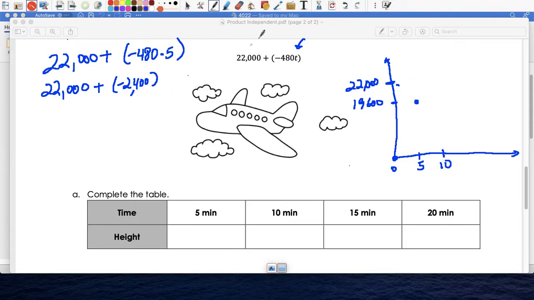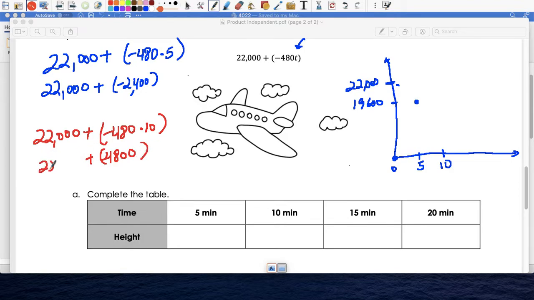After 10 minutes, you do the same thing. Let me change colors here. We're going to do 22,000 plus negative 480, which is how much it goes down per minute, times 10. If you do that times 10, you're going to get negative 4,800, because it's negative 480 times 10.